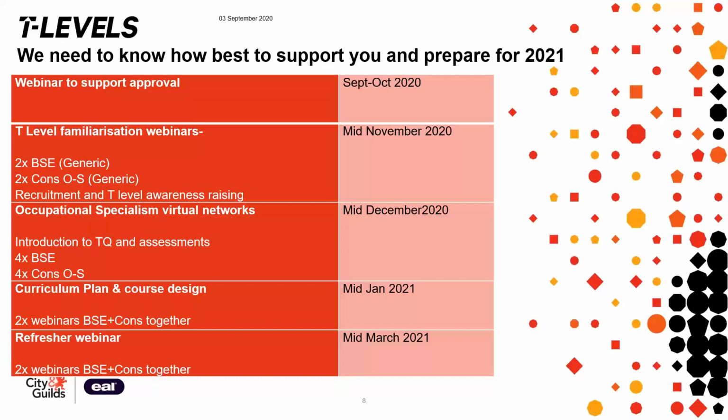Then moving on to mid-January 2021, there's going to be some curriculum planning and course design webinars, 2 of them. And we're going to combine both the BSE and construction together for both those webinars. Mid-March then 2021, there's going to be a refresher webinar. Again, 2 of them, combining building services and construction webinars together.